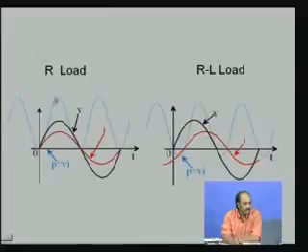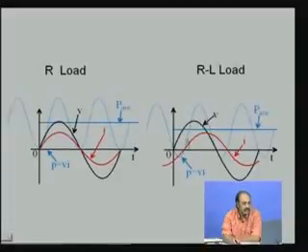You have the power waveform for the R load and the RL load. See, there is a reactive power contribution, some power goes negative, and as a consequence the average in the case of an RL load is going to be lower than the average of the pure R load. This is the reactive power contribution which goes back to the mains.